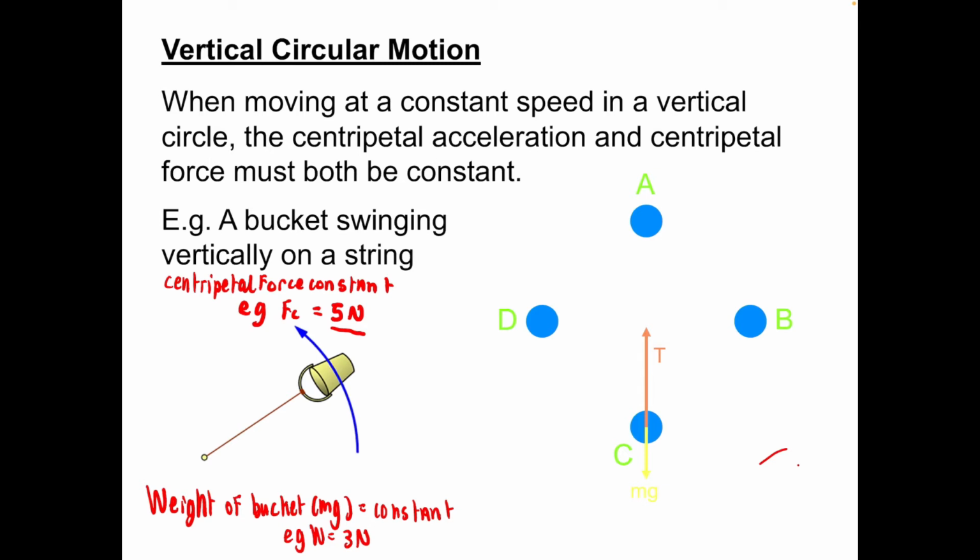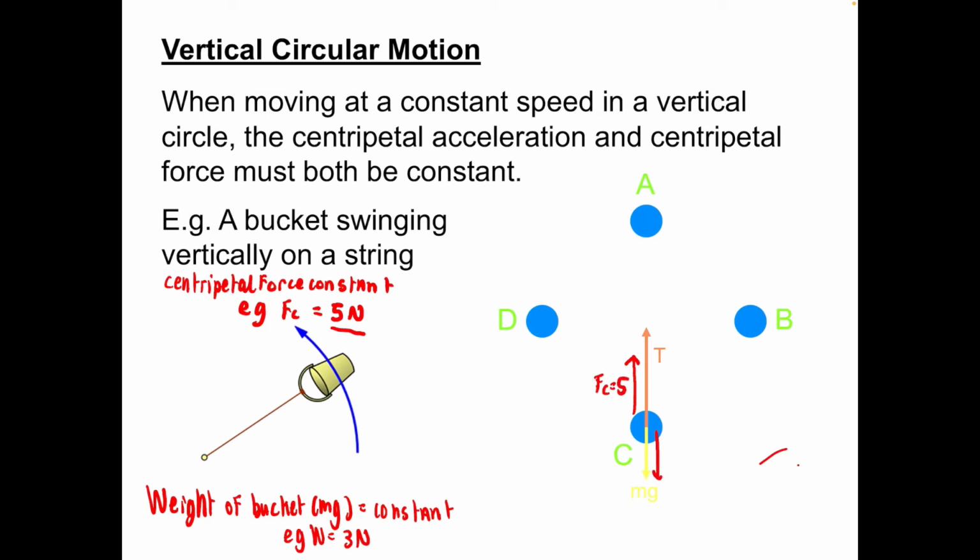At point C, the tension in the string needs to overcome the weight of the bucket. Can you work out what the tension must be in this case? We know that our centripetal force must remain as 5 newtons.